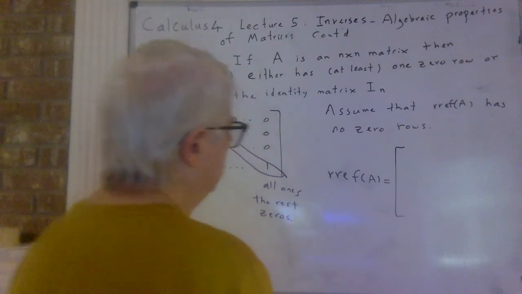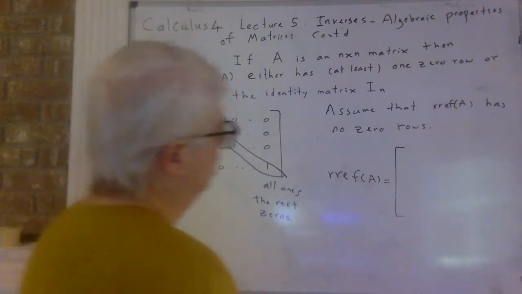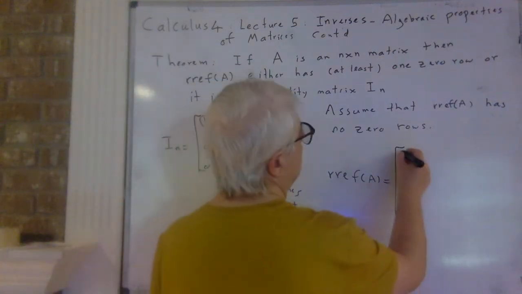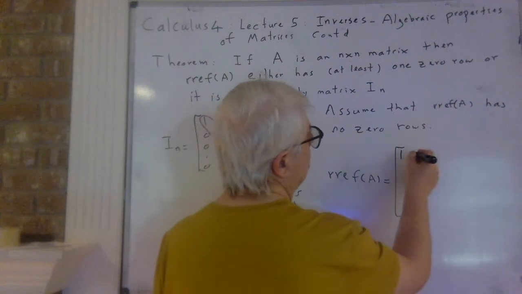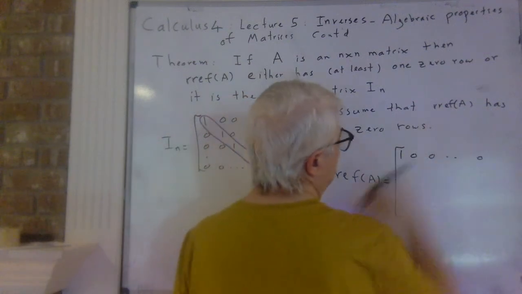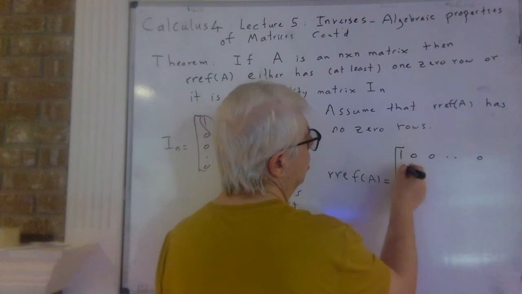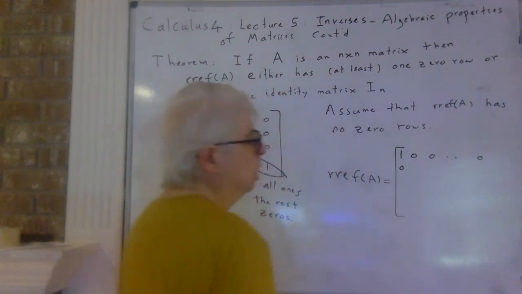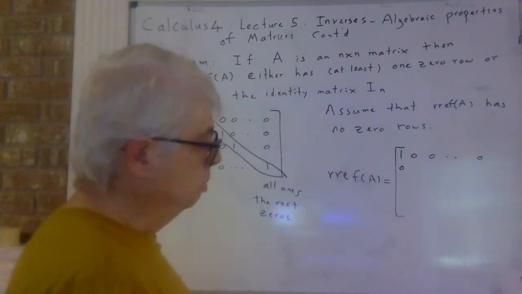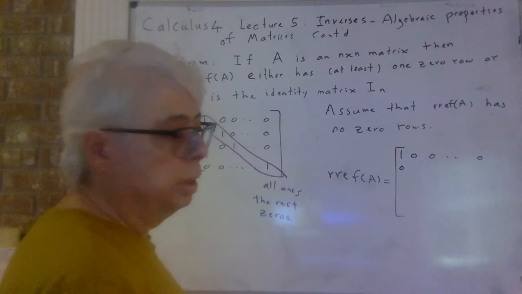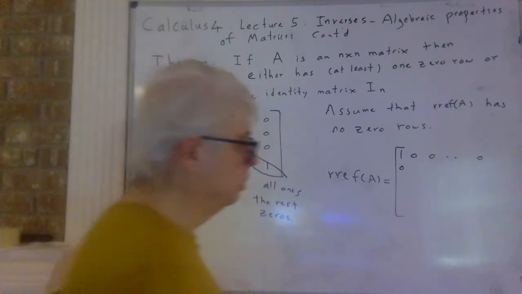So what is RREF? We have one leading one. So the first leading one is here, then everything else should be 0. Then I have the second one. If the second row is not 0, then the leading one comes somewhere.